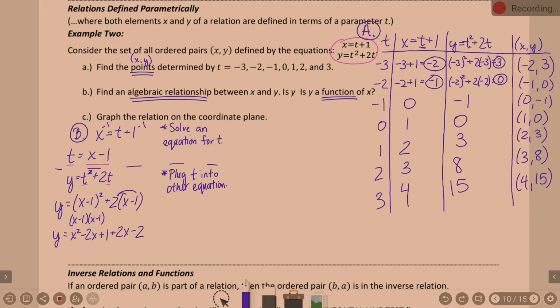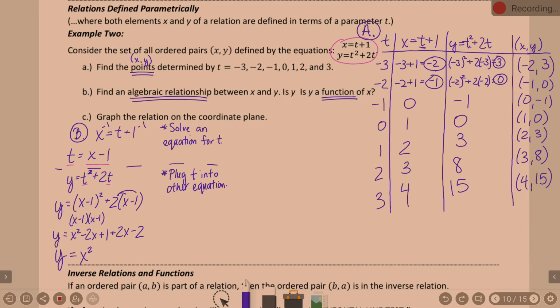Is there cleanup that can be done? Just a little bit. Let's see. I see an x squared. What else? Minus 2x plus 2x is canceling out.